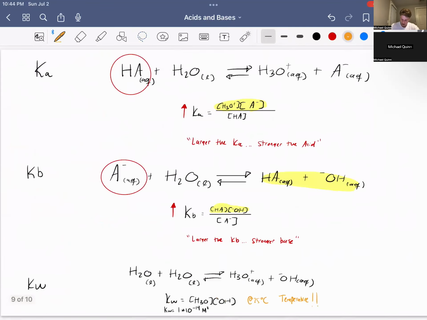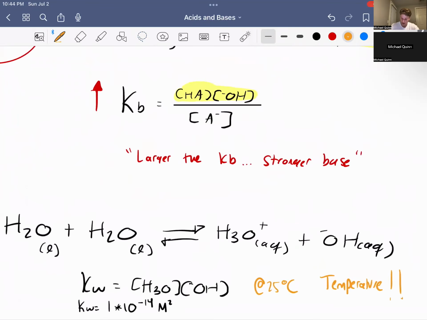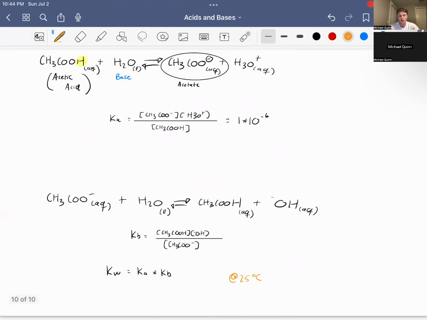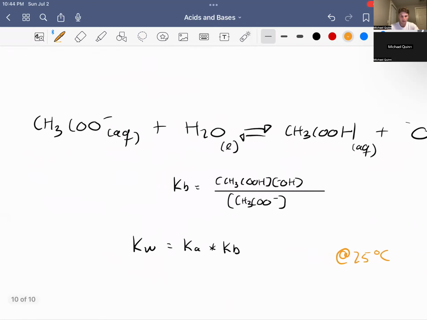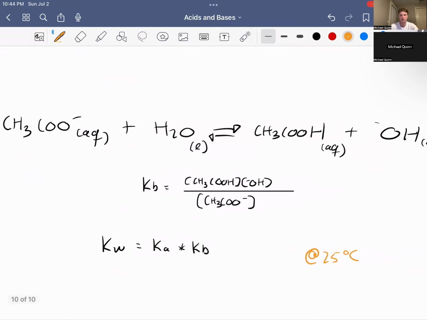We saw that on this page right here. If it is not equal to 25 degrees Celsius, we cannot call Kw 1 times 10 to the negative 14. We would have to be given that new K value. So you do not need to memorize a bunch of Kw values for different temperatures, but at 25 degrees Celsius, it is really important to know that Kw equals 1 times 10 to the negative 14.